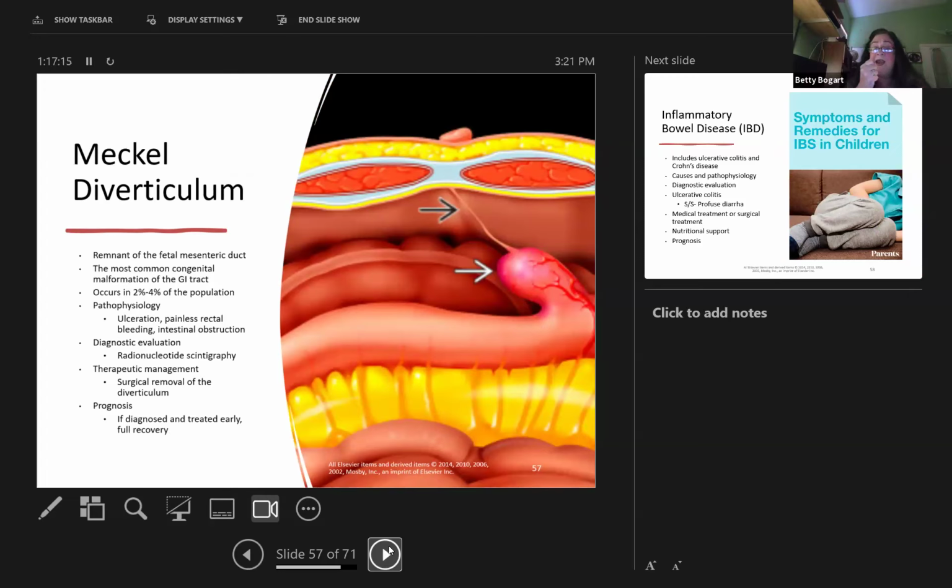And if it rips and tears, it's not really painful, but it's going to bleed and you're going to see red blood coming out the rectum in the toilet. That's what you'll see with them. They do this x-ray procedure, this radionuclide scan. They find it, they go in, they do surgery, and they do well.